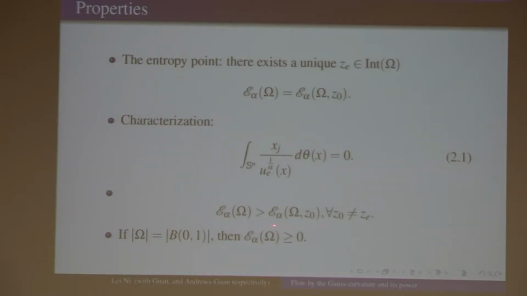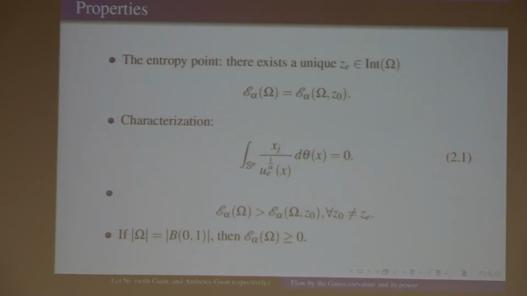There's stability, right? If you move away, it's always getting smaller. So for other points, the entropy is smaller. Okay, it's a unique maximum. And then you can also prove it's always non-negative, because it has to satisfy all these physical axioms of entropy quantities. So it has to be non-negative.